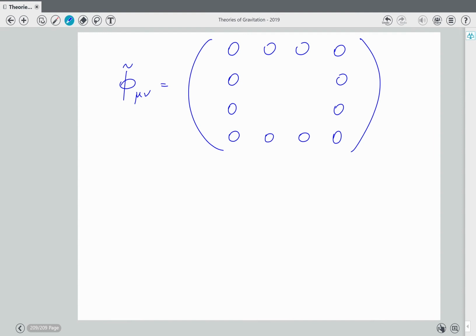And then the trace. And the trace being 0 means that you will have something like that. And symmetry means that you have only 2 degrees of freedom. That is the matrix of polarizations of the graviton. And so we can study the polarizations of the gravitons.